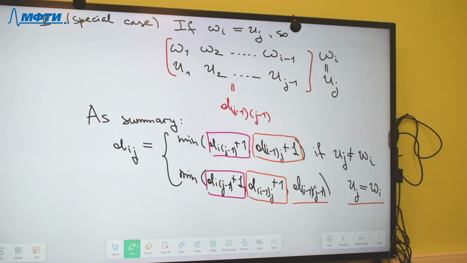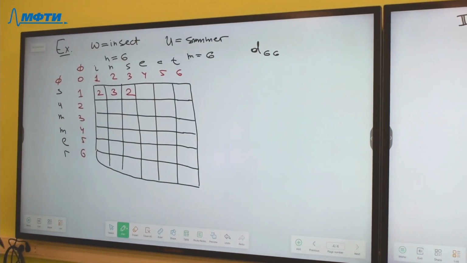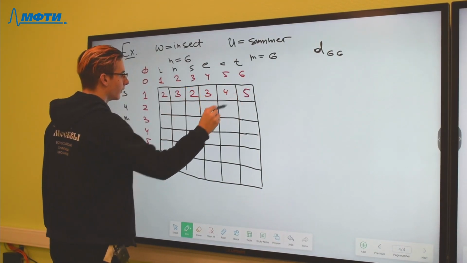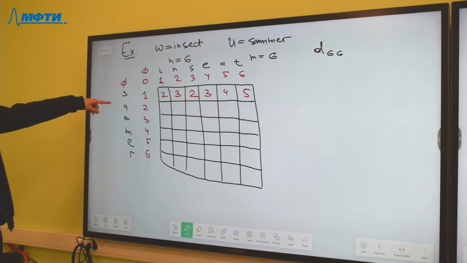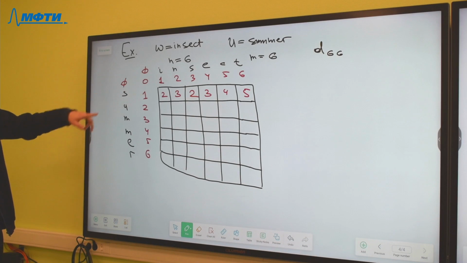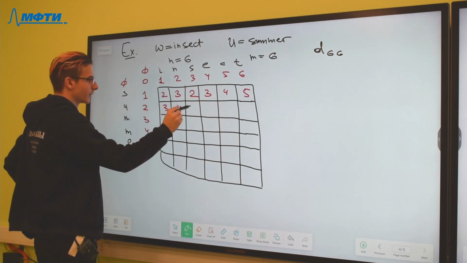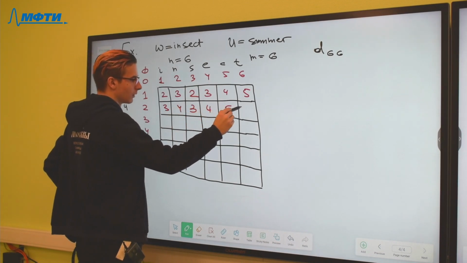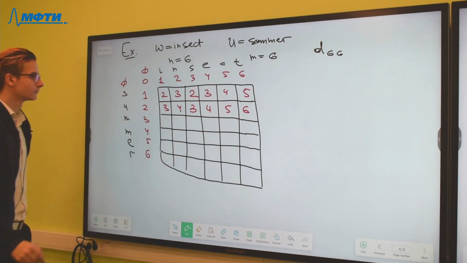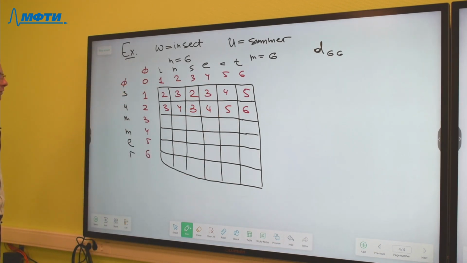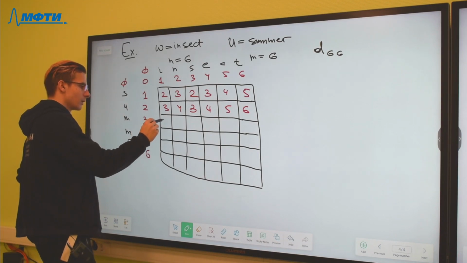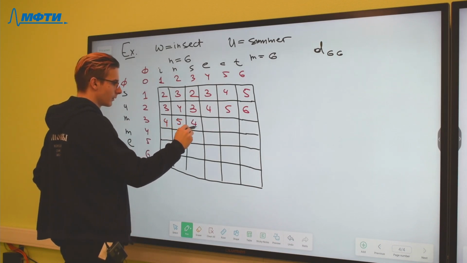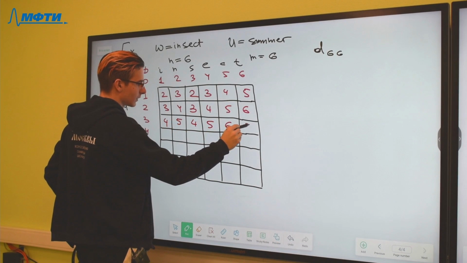And we repeat it for this matrix. For example, here we write 3, 4, 5. It is different for all these characters. So here we find the difference. 4, 5, 4, 5, 6, 7.